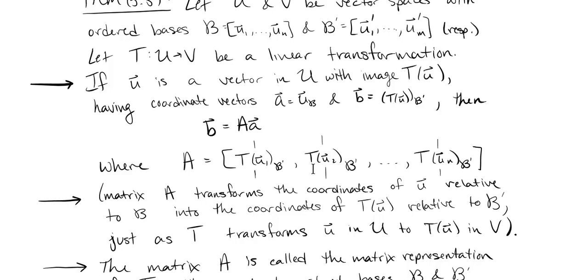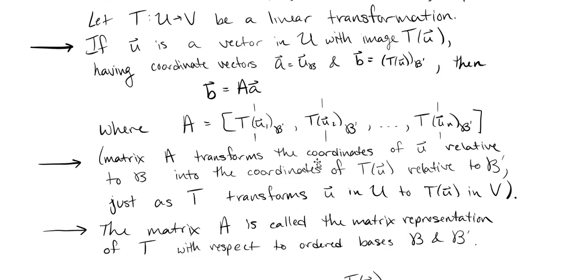In the second column, you get the image of the second basis vector of B, but expressed relative to B prime, and so on. And we've seen this sort of thing before, where to know the matrix that represents a transformation, we really just need to know what it does to the basis vectors in the domain. Here we're saying after that, go ahead and express those transformations of the basis vectors relative to the basis you want to end up in, or that you want coordinates to end up in.